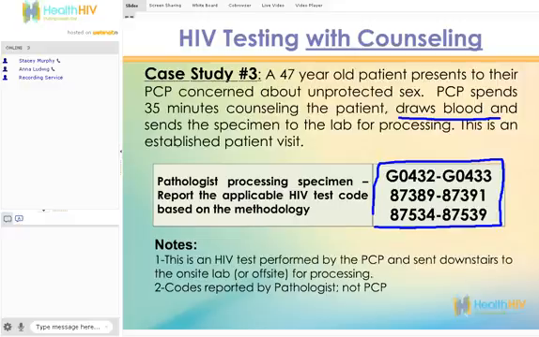And so in this instance, the PCP would not be utilizing these. So again, this particular slide is specific to those practices that have a lab downstairs or on site, and these are the codes that the pathologist would use to report these services. If you're the PCP or the internist, you would report one of the evaluation and management codes, and you would report the venipuncture code 36415, which was covered last week.